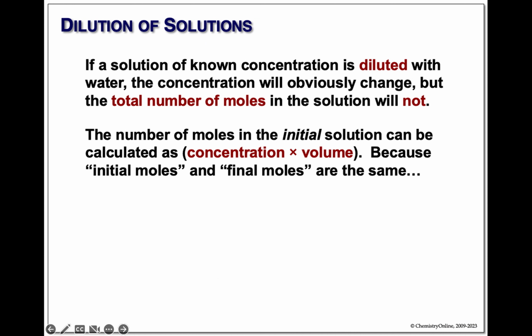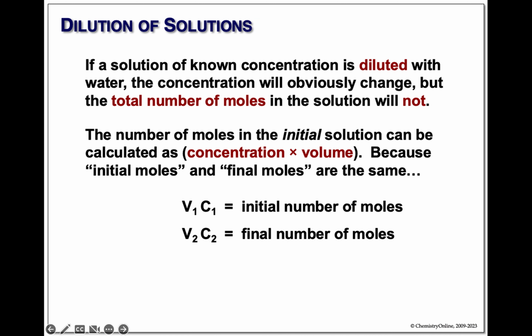You have a solution, you know how many moles are in it. You add water, still has the same number of moles, just a different volume, doesn't it? So your initial and your final concentrations, moles at least, are the same. If we say volume times concentration gives us the initial number of moles, volume times concentration gives us the final number of moles, and these two are equal.